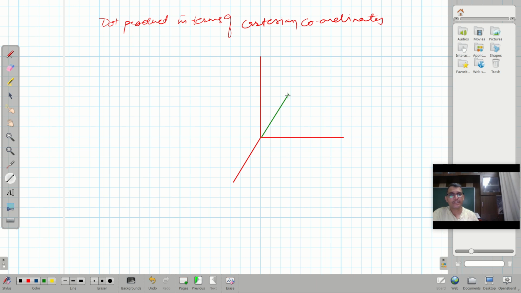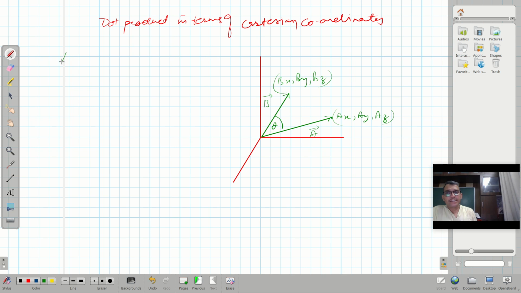One vector is this one and another vector is this one. And these two vectors are making an angle theta with each other. Say it is vector A and it is vector B, and say its components are AX, AY, AZ, and its components are BX, BY and BZ.